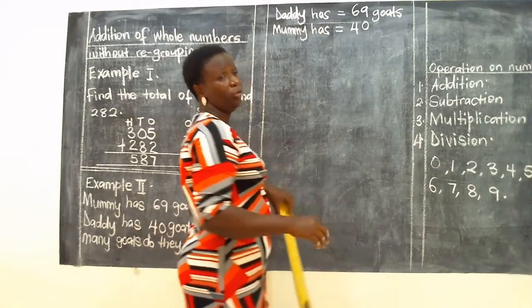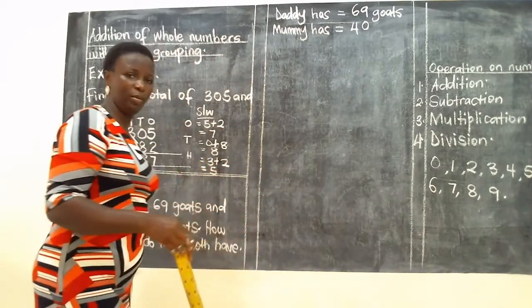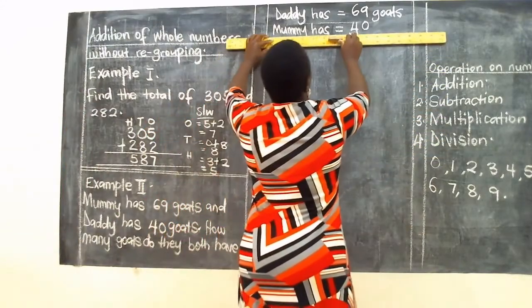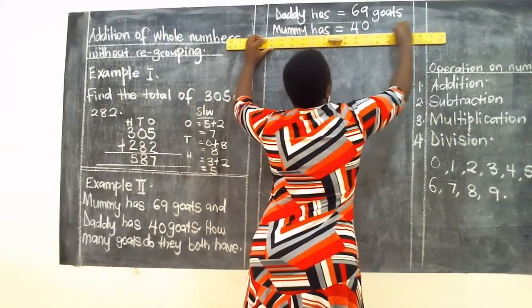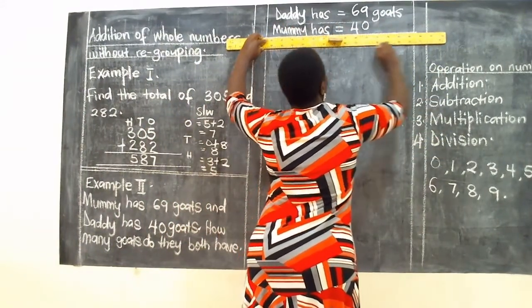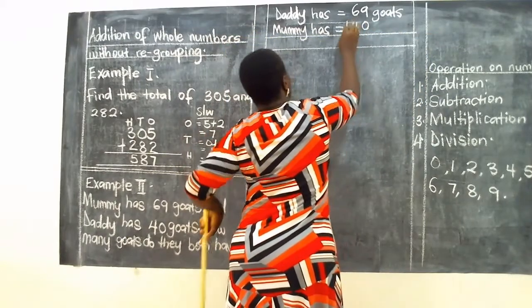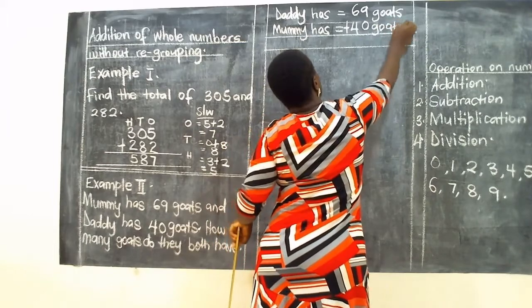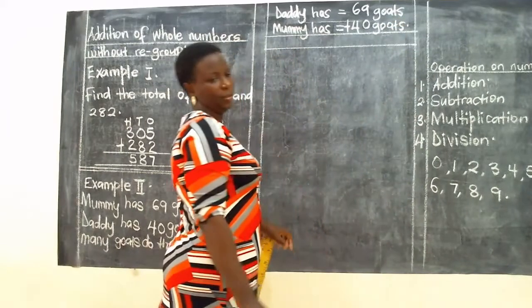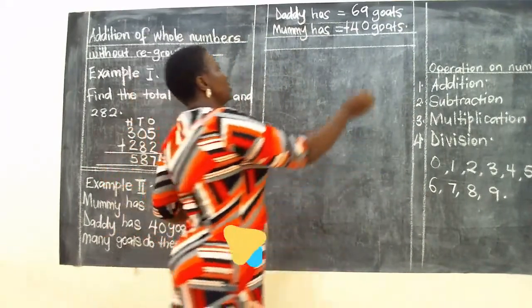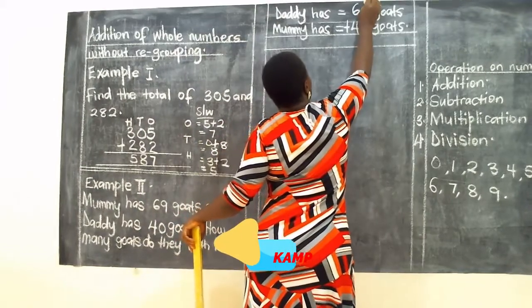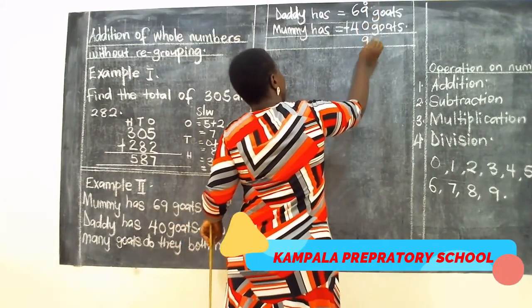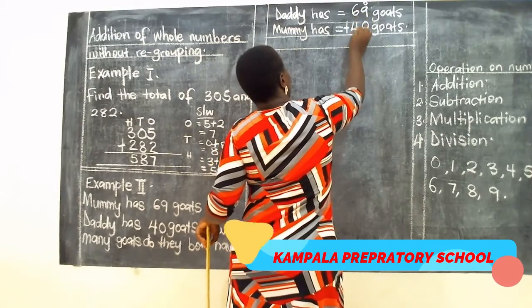And since we are looking for how many goats both of them have, we must add them. Make sure you show the sign of operation, the addition sign here. And these are also goats. Then we add. Starting from the ones place value, 9 plus 0 is 9. 6 plus 4 is 10.